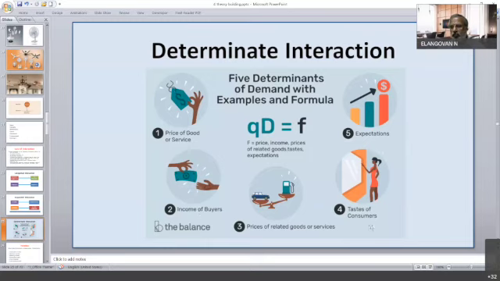It can be the taste of the consumer. It can be expectations. So how do I determine demand? I can determine demand from these values, either from one factor or all the factors.